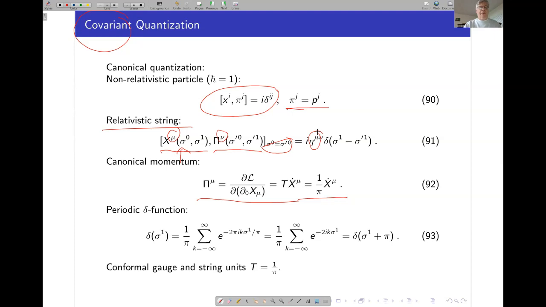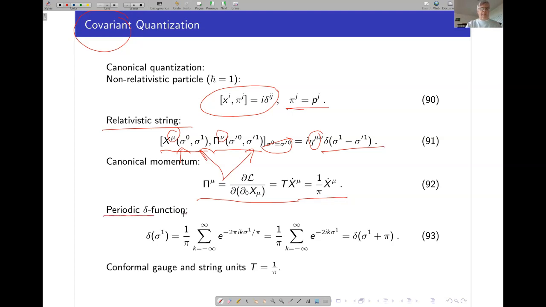And finally, we have a dependence on sigma 1. This is what labels, so to speak, the points along the string. And this quantity is treated like an additional index, in our case a continuous index, and therefore the Kronecker symbol is the delta function. Well, more precisely, I have to take into account that I have boundary conditions in sigma 1.